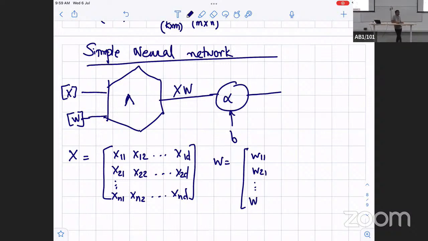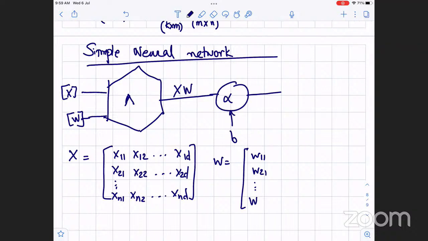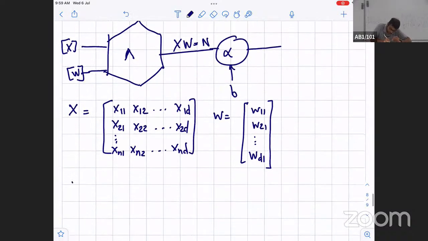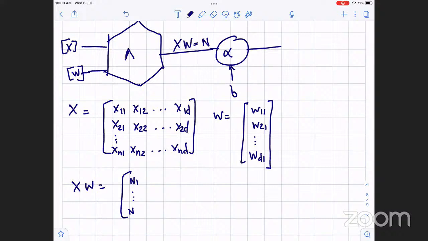What should be the thing here? If I have to multiply XW, when you multiply, you will get a vector N. When I multiply XW, I will call that N1, up to NN.